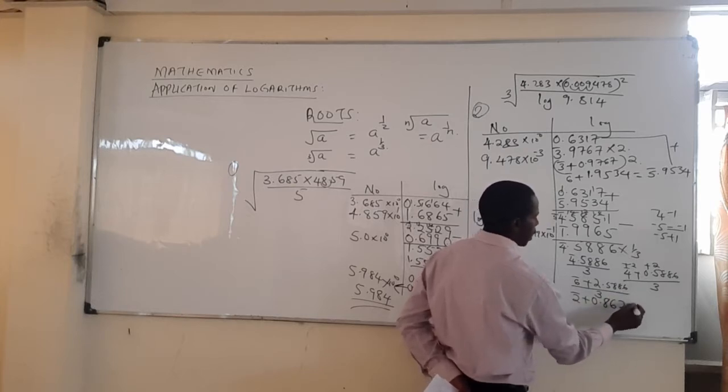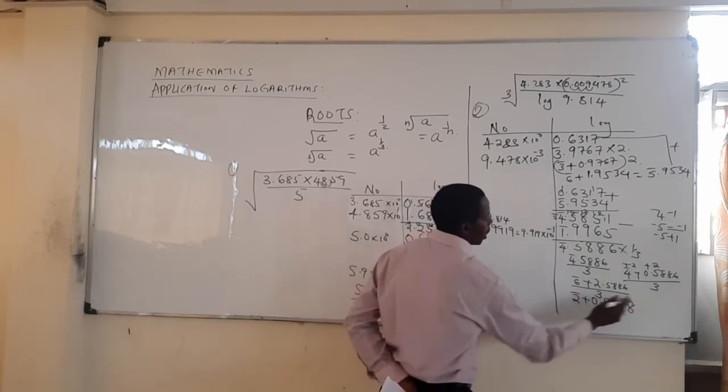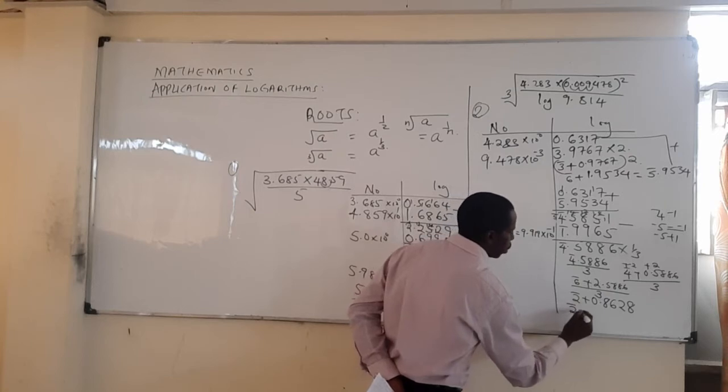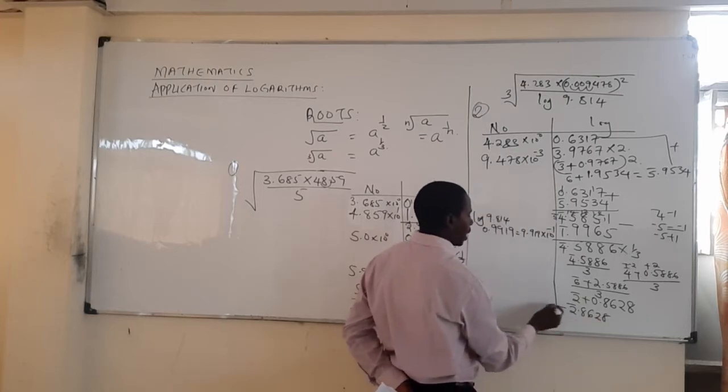We are going to be having 8 because of 24. Then you can reach that point. So then we add the bar 2, you're going to have bar 2.8628.